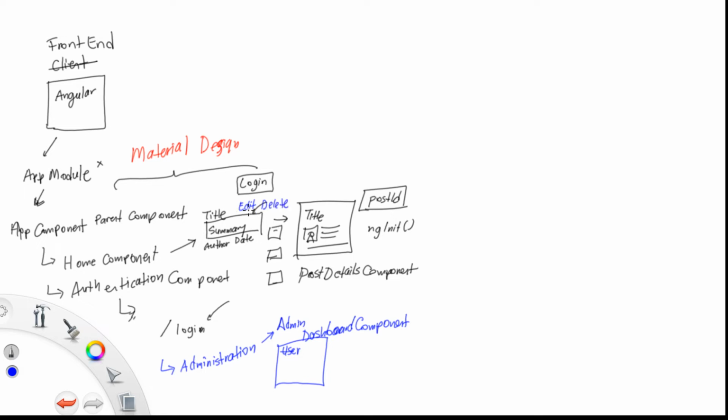If you click edit, it takes you to the post details component, but since you're admin, now you can see the text boxes and all that stuff. Maybe a text field that supports Markdown. That way I don't have to repeat myself, and with all these dashboard components, I already have everything I need, to be honest.